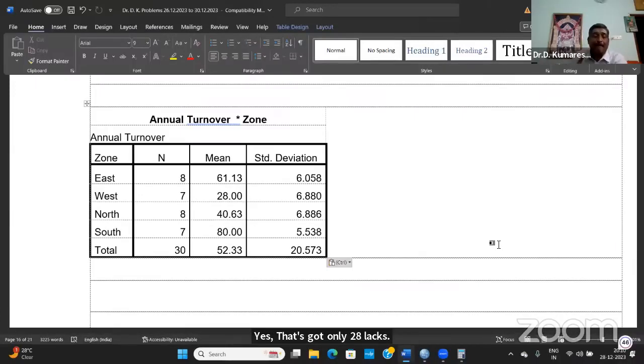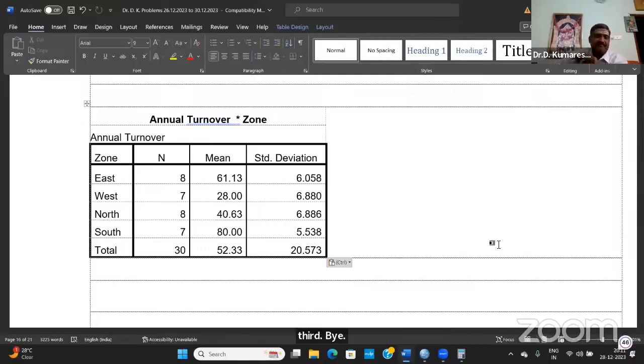So we can offer suggestion to the management for improving the performance. We can say the West Zone retailers may be asked to adopt the strategies adopted by South Zone.